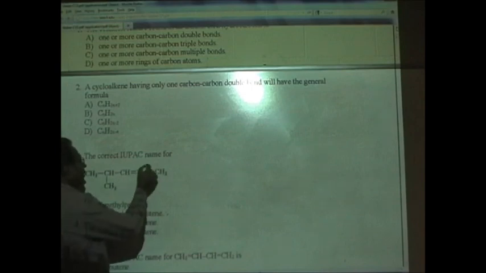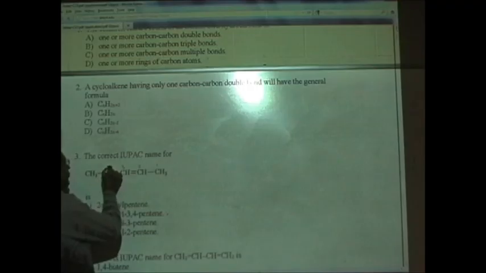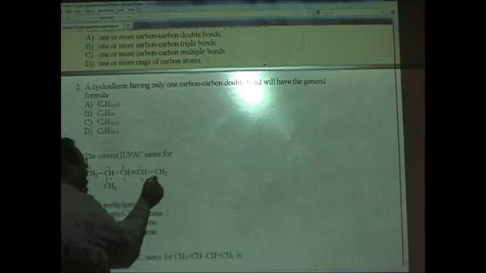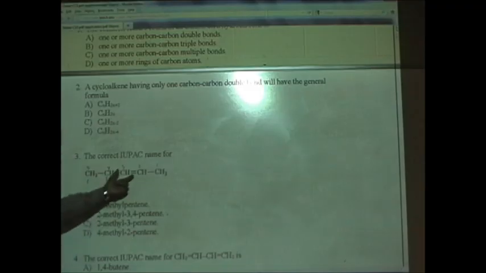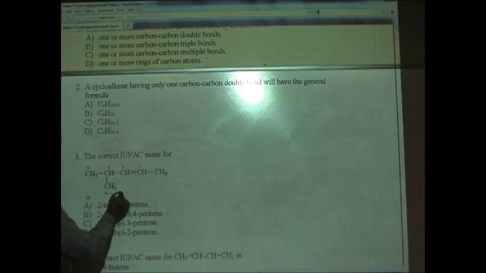That means I do it this way, 3, 4, 5. If I do it this way, 1, 2, 3, 4, 5. See, these are now higher, larger numbers, all right? So therefore we don't do it. Give the lowest number to the carbon atom that contains the alkene, right? So therefore this methyl group is 4-methyl, right?